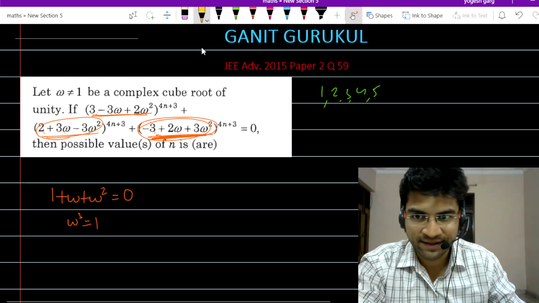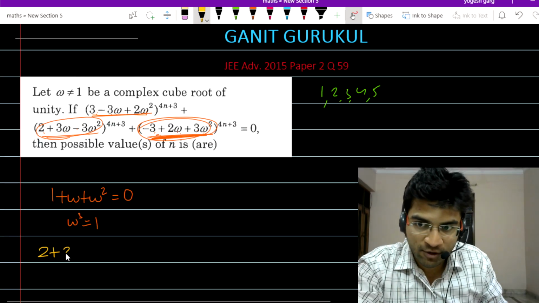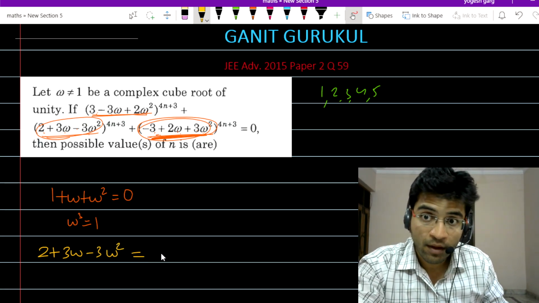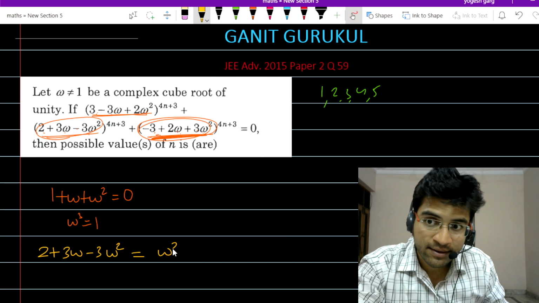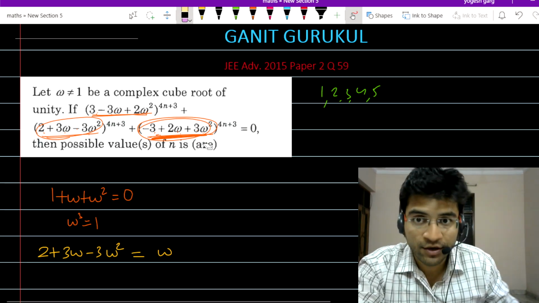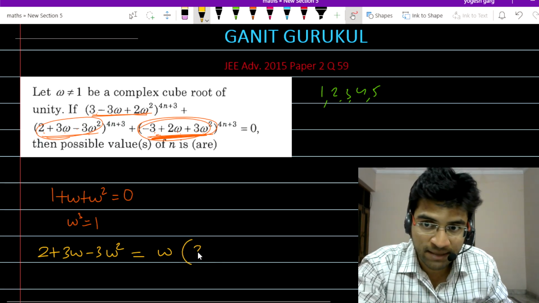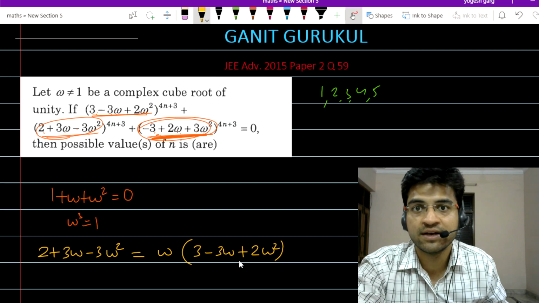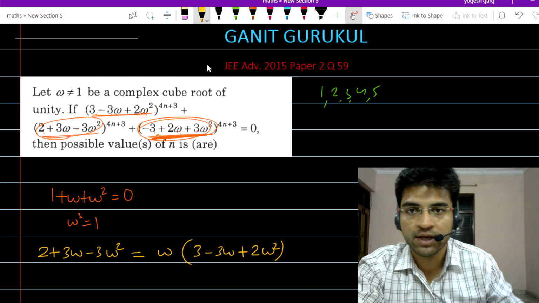What I am saying, I am writing this as well. 2 plus 3 omega minus 3 omega square is omega into 3 minus 3 omega plus 2 omega square. This is what I am saying, because 2 is nothing but 2 omega cube.